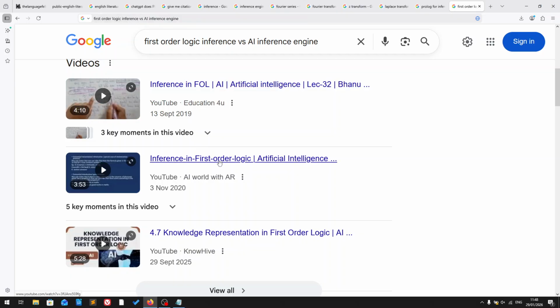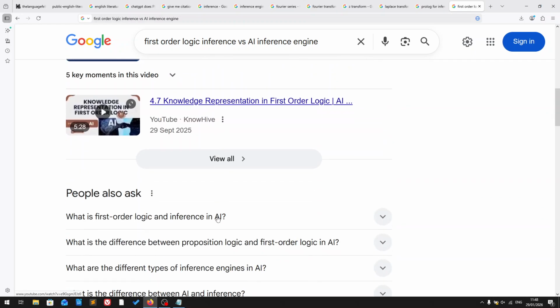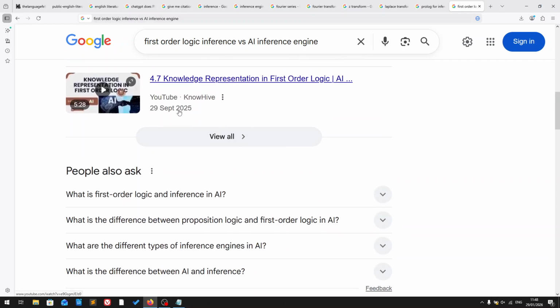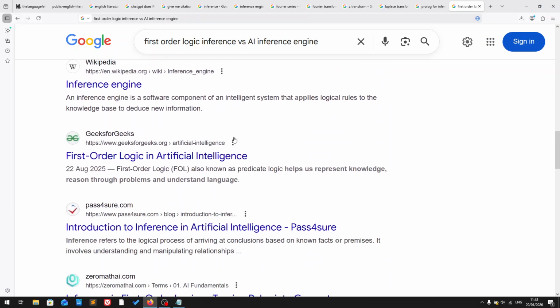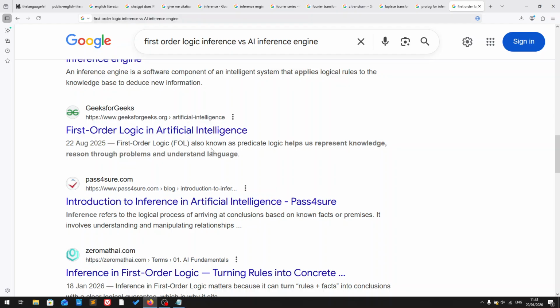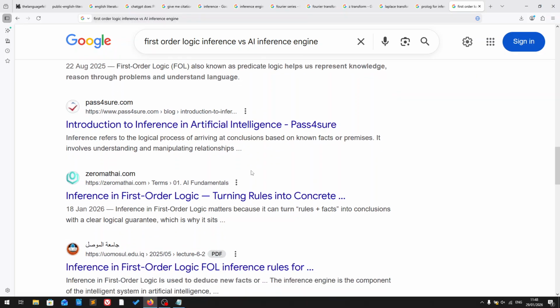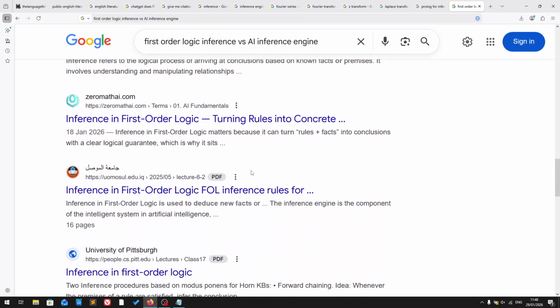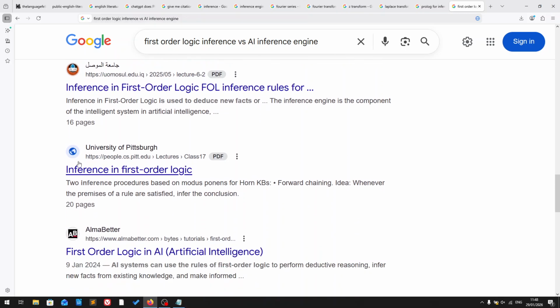Inference in first order logic, 2020. Knowledge representation in first order logic, 2025. Right. These are things that are coming to my mind because I know about these to some extent, and inference in first order logic, yeah, right.